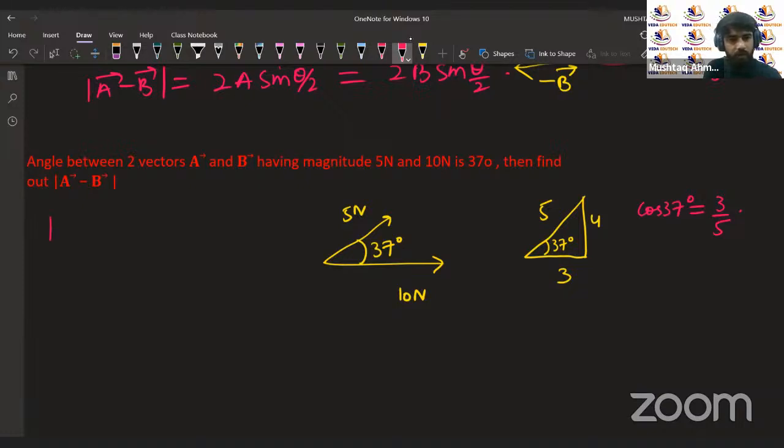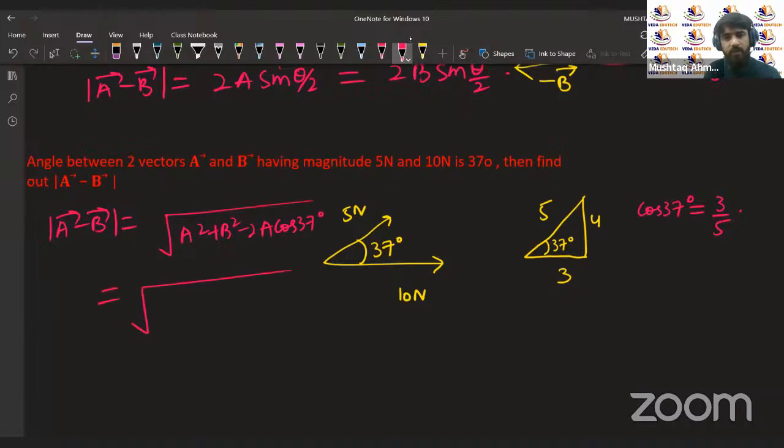So we can directly use the equation of a minus b, that's under root of a square plus b square minus 2ab cos of 37. The value of a is given as 5, so it will be 5 square, and b is 10, so it will be 10 square, minus 2 into 5 into 10 into cos 37, that comes out to be 3 upon 5.